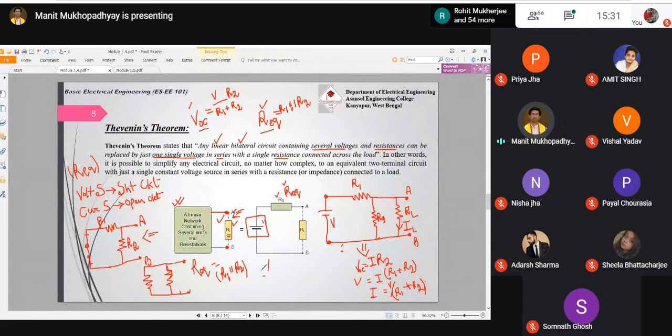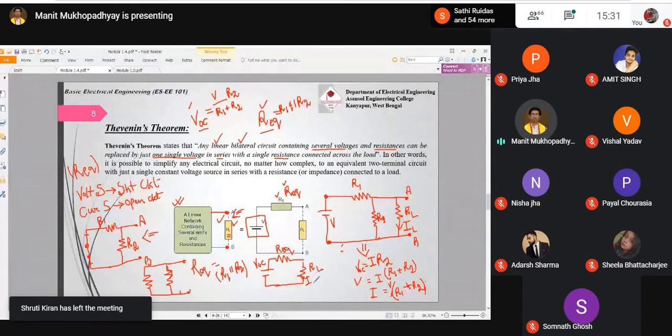This is your VOC, this is your R equivalent, and this is your RL. So from here you can calculate what current will flow through RL, correct?